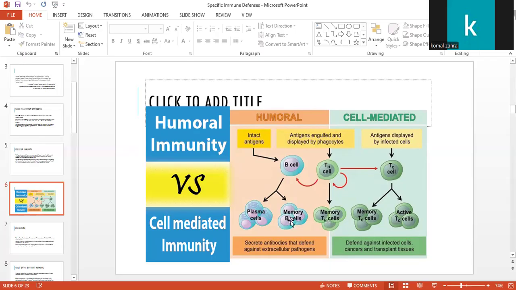The plasma cells and memory B cells secrete antibodies that defend against extracellular pathogens, and cell-mediated immunity releases cytotoxic T cells. Cytotoxic T cells release memory T cells and active T cells, which defend against infected cells, cancers, and transplant tissues. So you can see here the role of cell-mediated immunity against infections and cancer cells, and humoral immunity, which is related to the generalized infection.